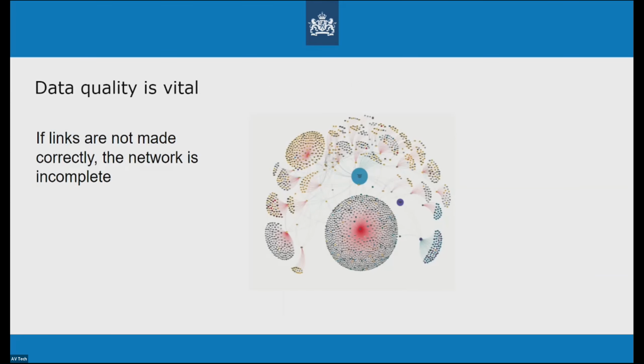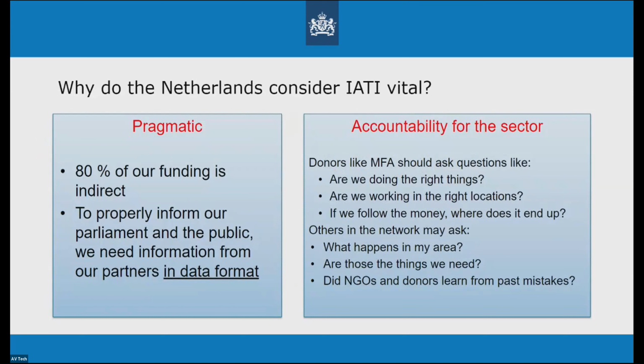I'll just do all of this at once. A more important one for us is accountability in the sector. We need donors, all of us need donors like the MFA, ask questions like, are we doing the right things? Are we doing them in the right locations? Do they actually work? If we follow the money, where does it end up?